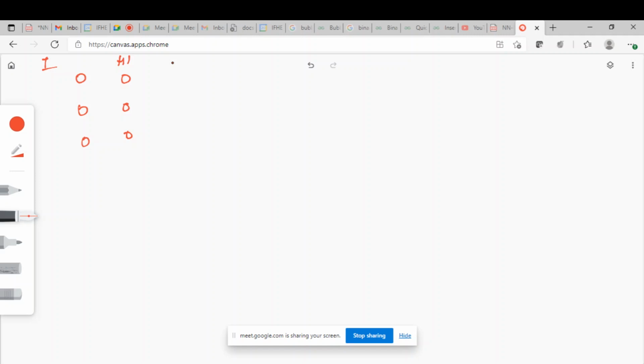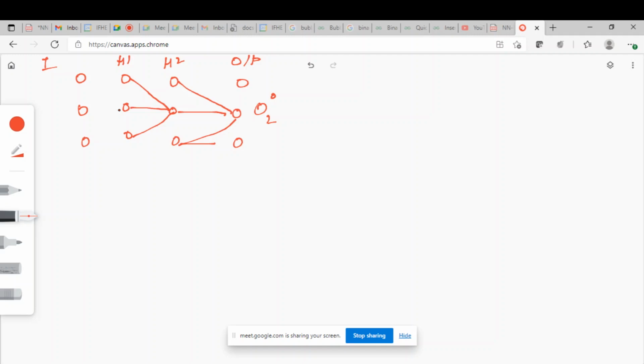Let us consider the output of the second neuron of the output layer. Actually, every neuron of the previous layer is connected to every neuron of the next layer, but we are not drawing the full diagram.